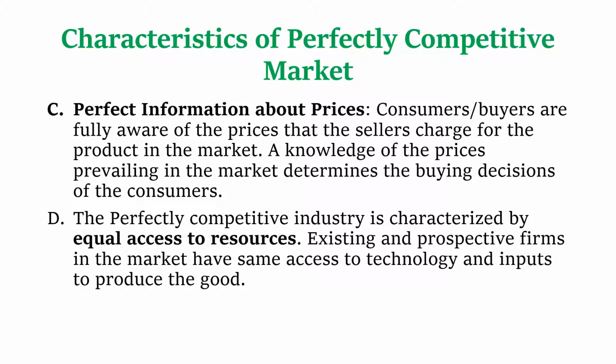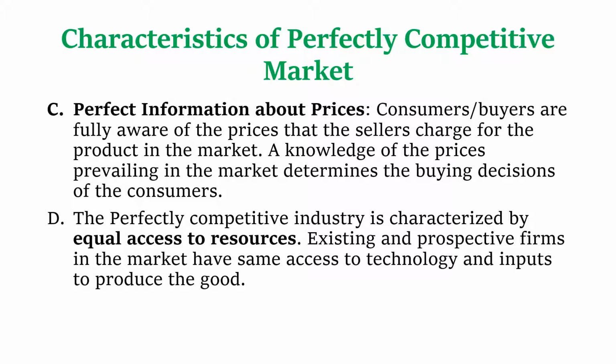So again here, we are still assuming the law of one price, that all the transactions that take place in the market, all the transactions between the buyers and the sellers, occur at a single price, and that price is the one that prevails in the market.